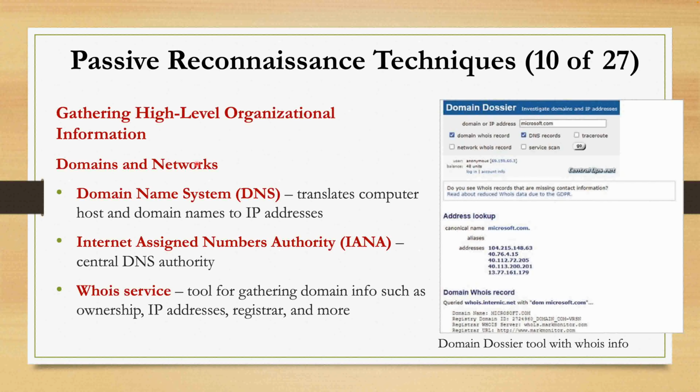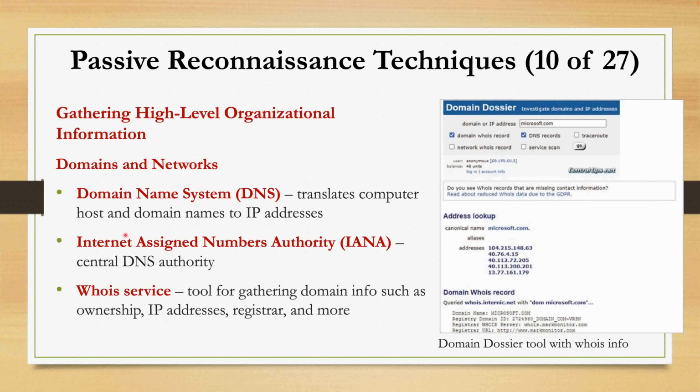Now, another piece of information here is the domain name system, DNS, which you should be familiar with. It translates computer hostnames and domain names to IP addresses. And here we have the Internet Assigned Numbers Authority, IANA, and the host services, which is the one I mentioned here.